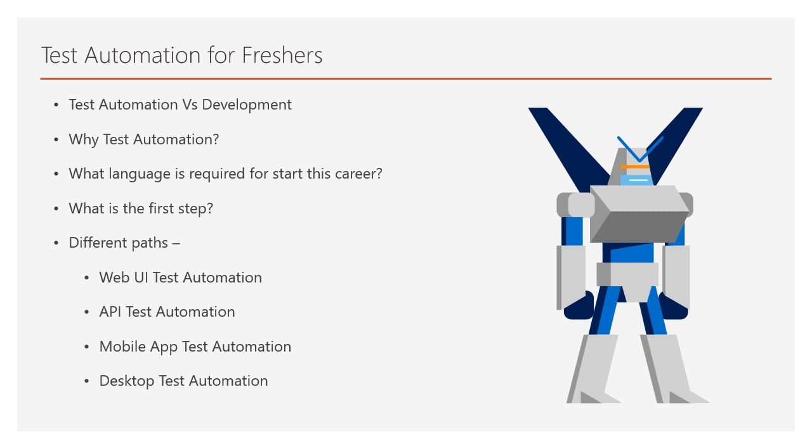You can do API test automation, be it a RESTful API or a SOAP-based API, and you can automate mobile apps, maybe on Android or on iPhone. For that we have to use a different tool, that is Appium. I will be posting some videos related to Appium as and when I get the time.